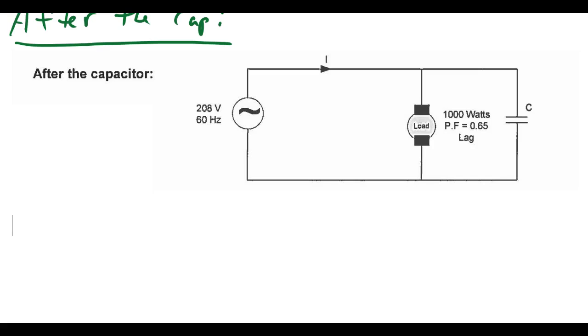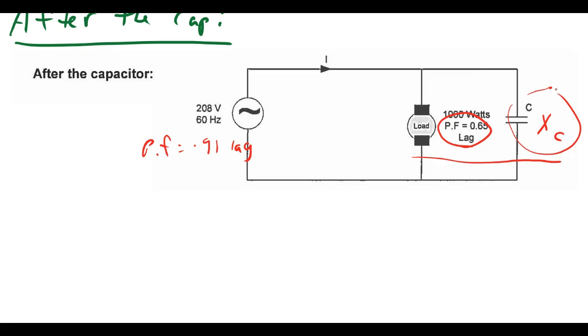Now the capacitor here will typically produce some of the reactive power that is required by the load, and we'll see that the load operates at a different power factor from the source, because the source will see a power factor of 0.91 lag, and the load, the lighting load, will still have a power factor of 0.65. And what happens now is that we will see the capacitor here produce some of the reactive power required by the load, such that the source only needs to provide a portion of the reactive power required by the load.